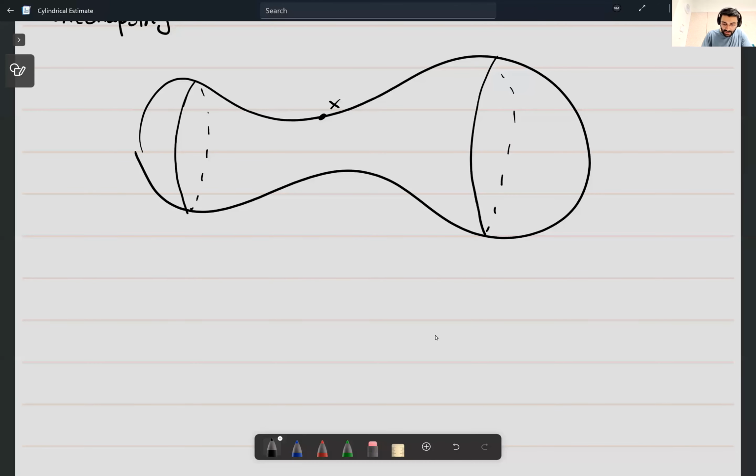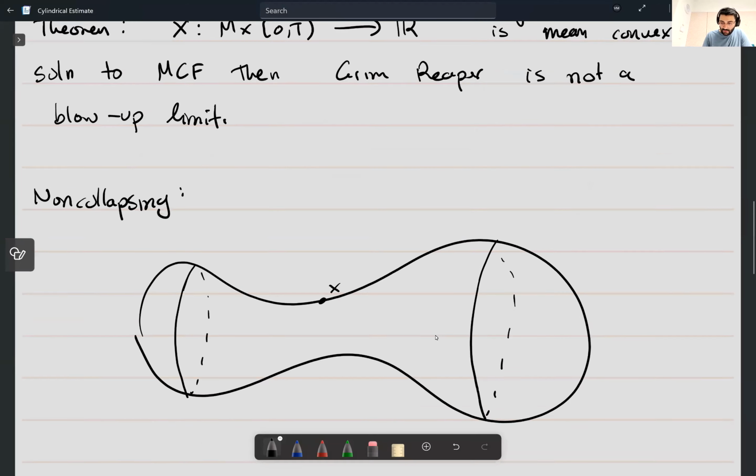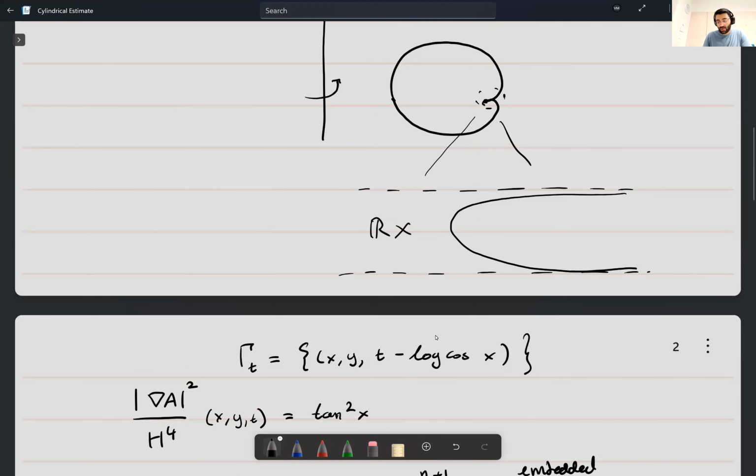In order to rule out that the Grim Reaper occurs as a blow-up limit, what we need is some kind of scale invariant quantity, right? We're taking blow-ups, so the quantity we study has to be scale invariant. That rules out this kind of behavior at infinity where you have two flat parts that are separated by some kind of finite interval.